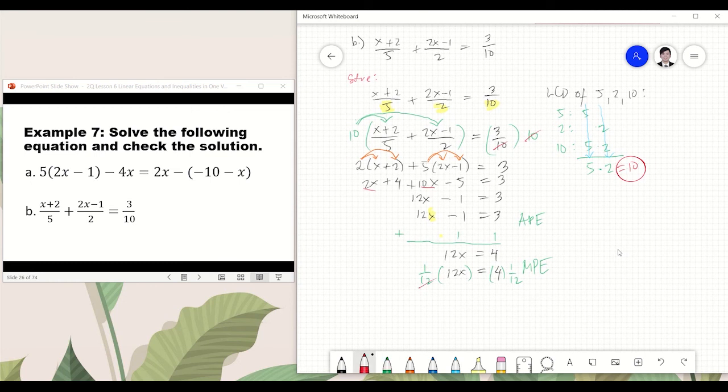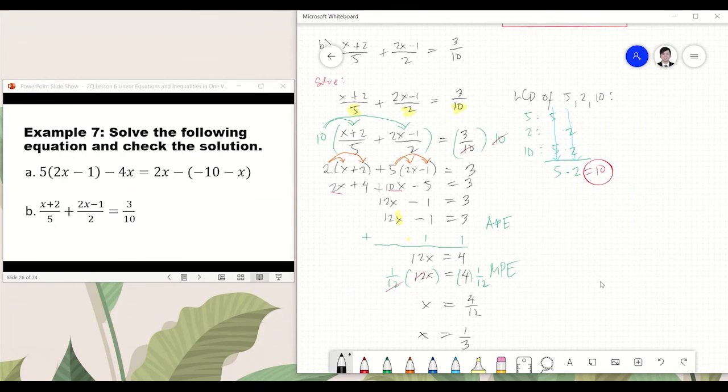So, makakancel out na yung 12 natin. Yung matitira na lang is yung x. 4 times 1/12 is 4 over 12. You can still simplify 4 over 12 as 1/3. So, x is 1/3.